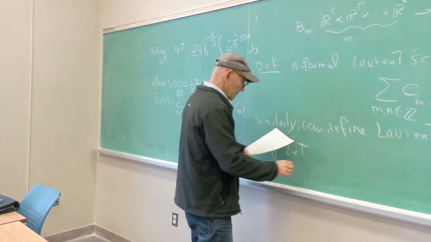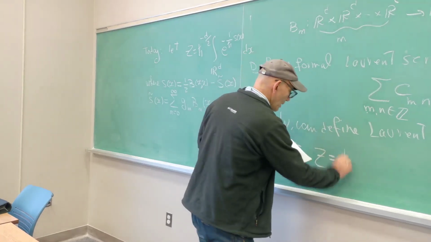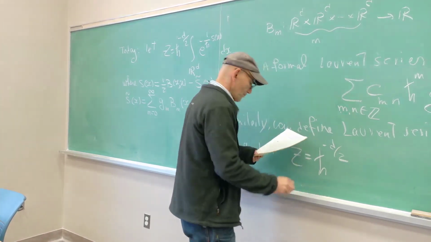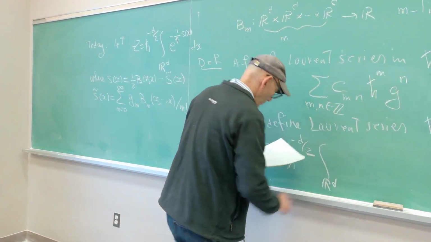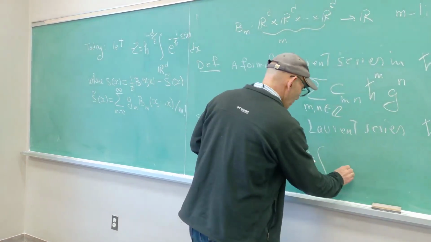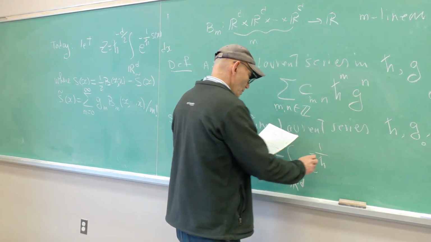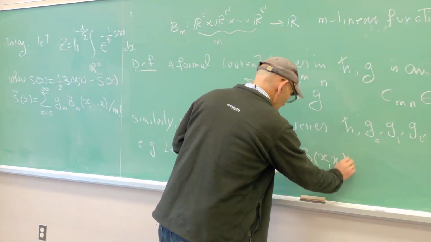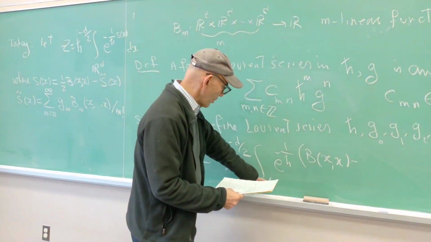Let Z be this quantity, this integral: h bar to the power negative d over 2, integral over R, exponential of minus 1 over h bar, x squared over 2, minus g x^4 over 4 factorial, dx.